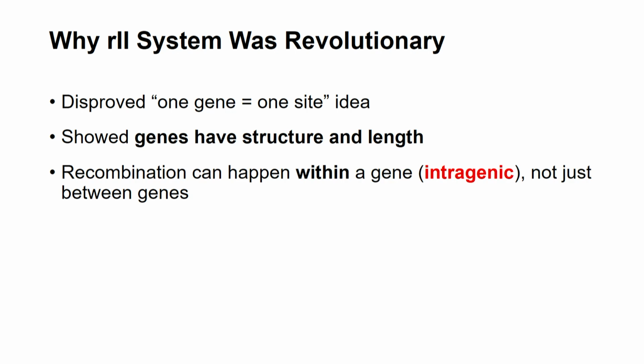He was able to get the recombinant between the genes that are so close to each other, and that was a great discovery. Benzer did tremendous work in identifying the fine structure of the gene. Seymour Benzer's work was revolutionary because he proved the one gene, one site idea. He showed that genes have structure and length. Recombination can happen within a gene, which is intragenic, not just between the genes.